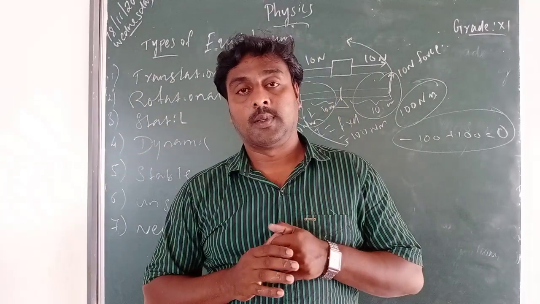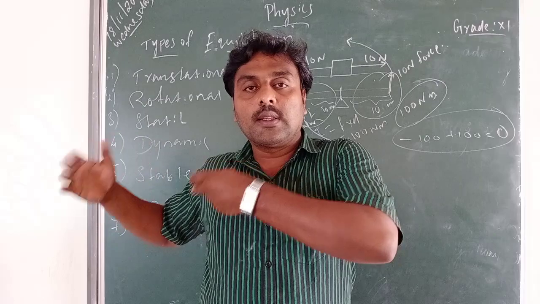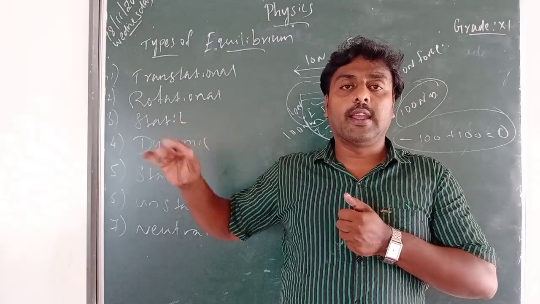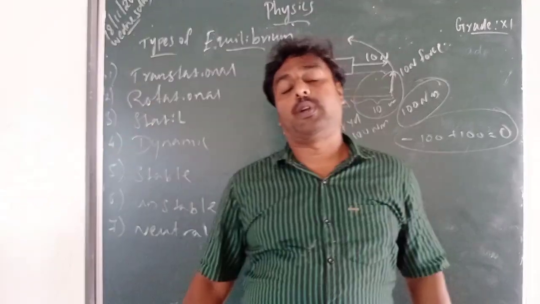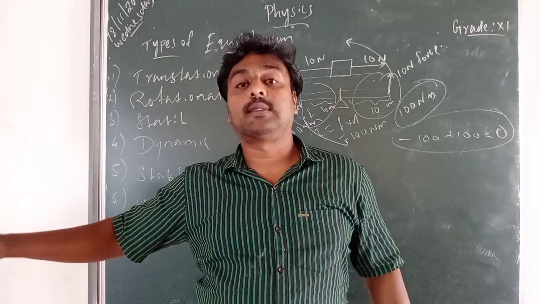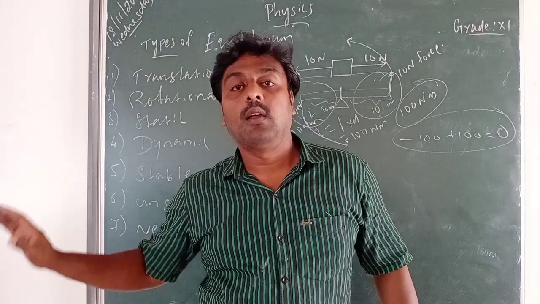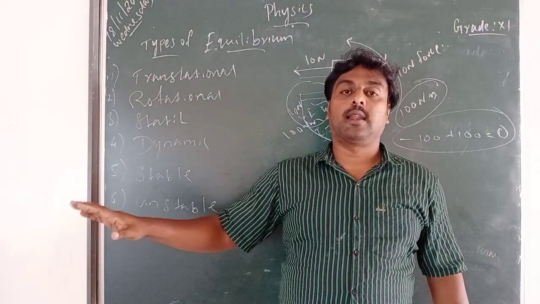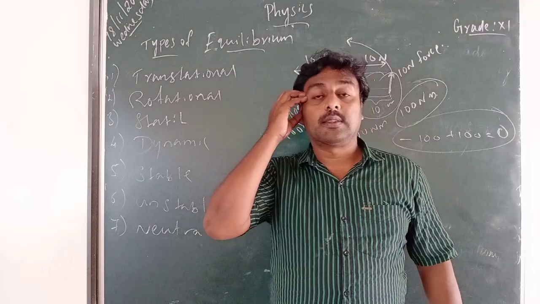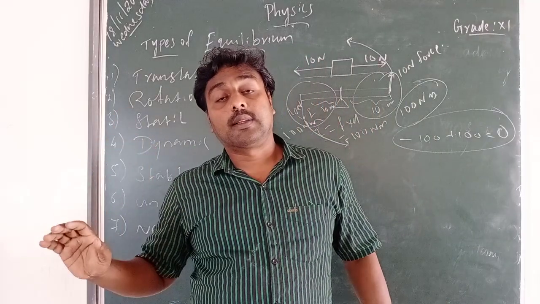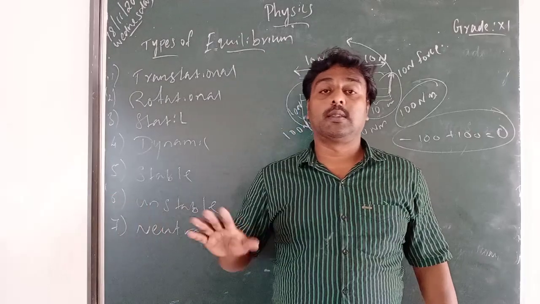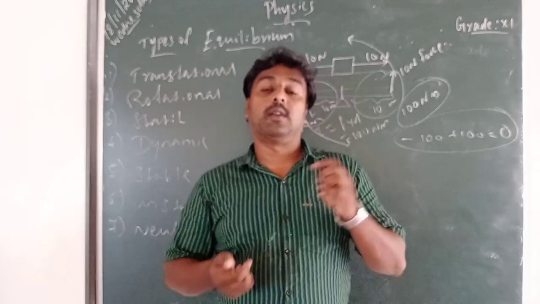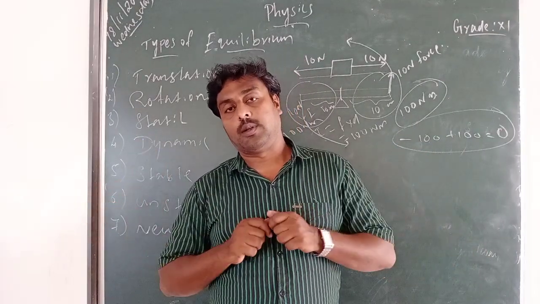So there will be a state, no? What is that state we can tell? Dynamic equilibrium. Keep this example in your mind. During this time, linear momentum and angular momentum are both constant, and net force and net torque are also 0.